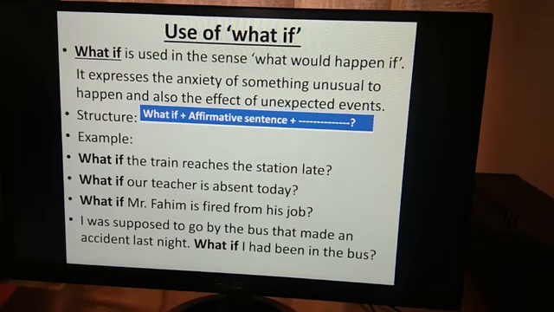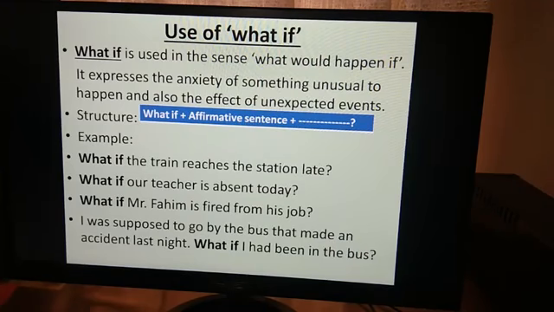I was supposed to go by the bus that had an accident last night. You wanted to go by a bus, but that bus fell into an accident last night. What if I had been in the bus? Here it expresses the anxiety or effect of the unexpected events.